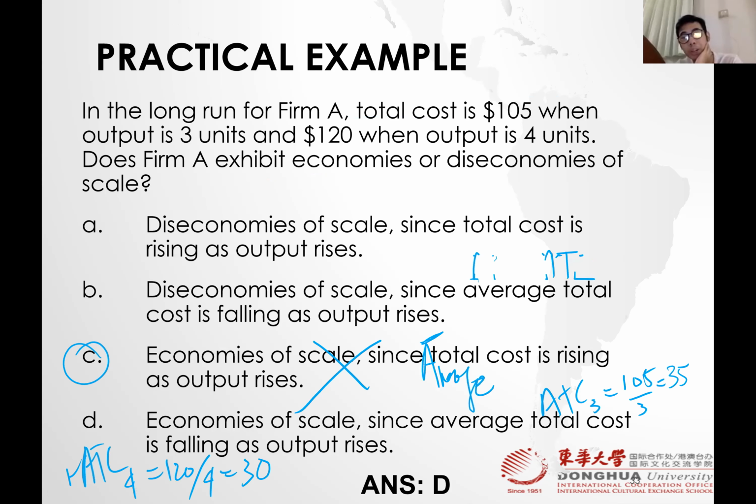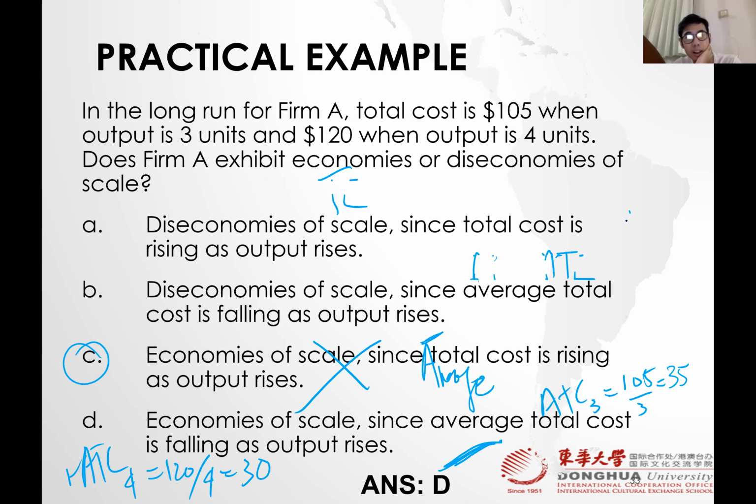Sir, so what is the exact correct answer? C or D? D. Oh wait, what is the difference between average total cost and total cost? Total cost is in total.